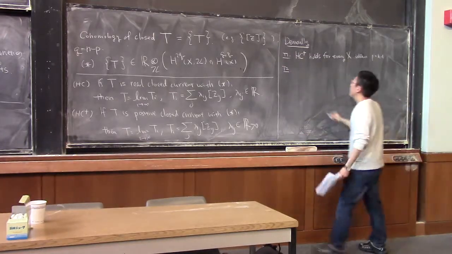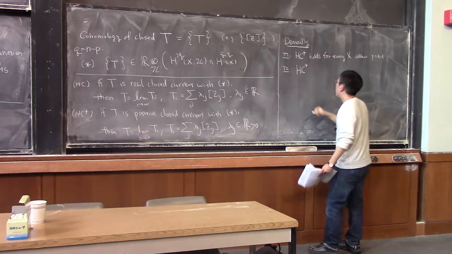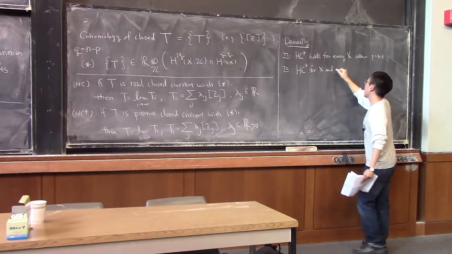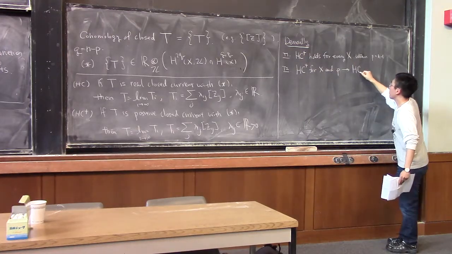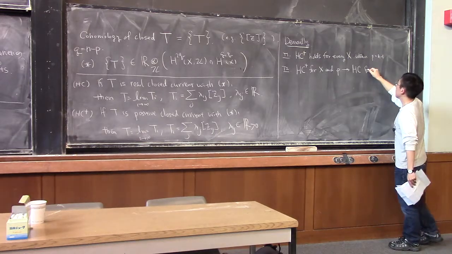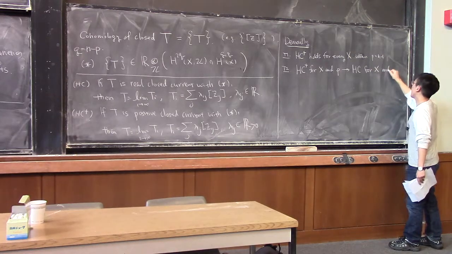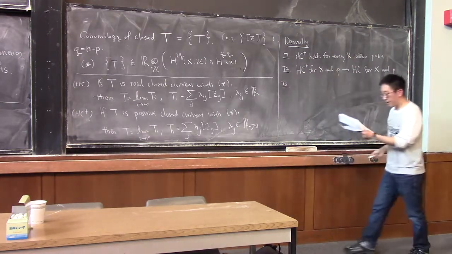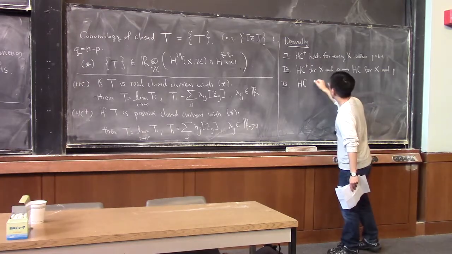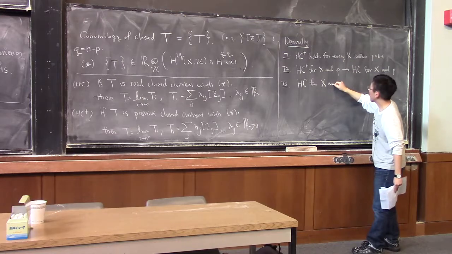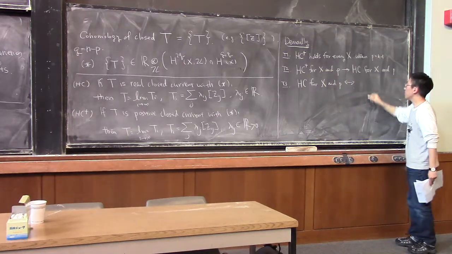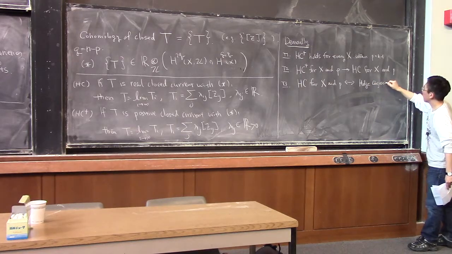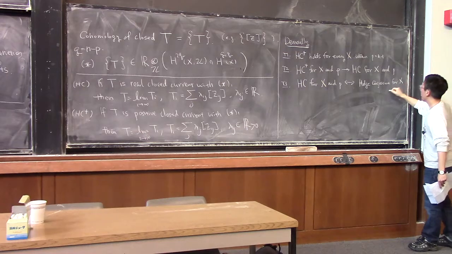Secondly, he also proved that whenever this positive problem holds for X and p, that implies that HC is also true for that X and that p. And thirdly, he showed that HC for X and p is equivalent to the usual formulation of the Hodge conjecture for that X and that p.